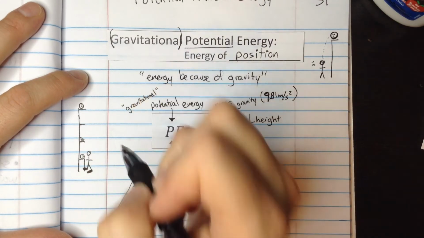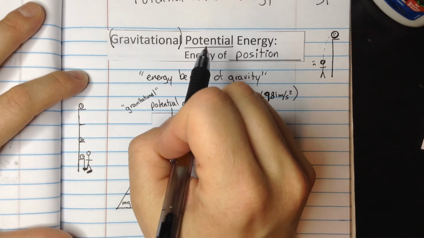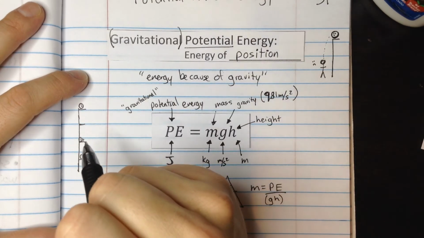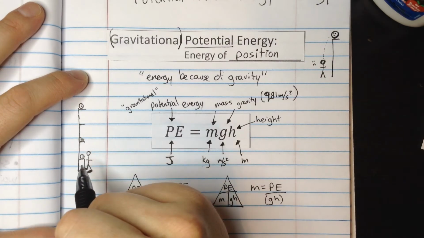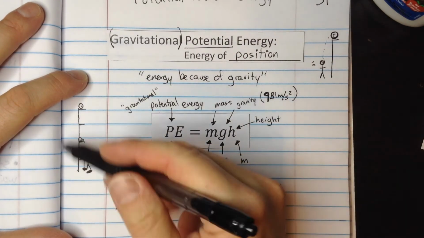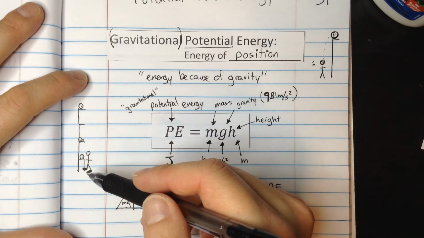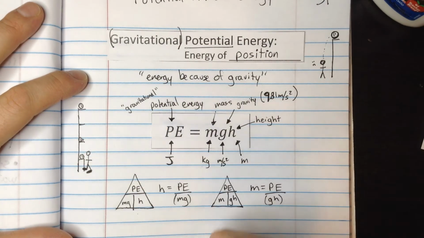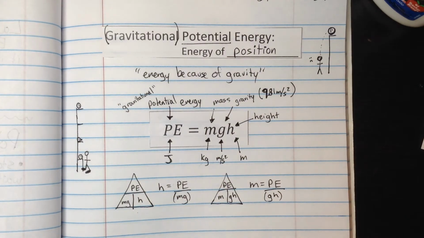Which one would you rather hit your foot? Which one has less potential to squash you? Well, the marble. They're at the same height, but it has less mass. So that's a good way to think about it. What has the most potential to squash if its energy was released? Okay. So that's gravitational potential energy.